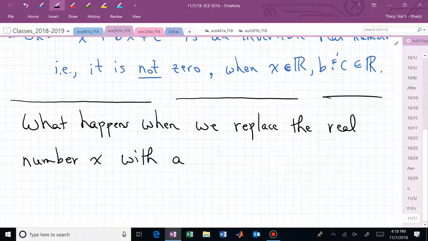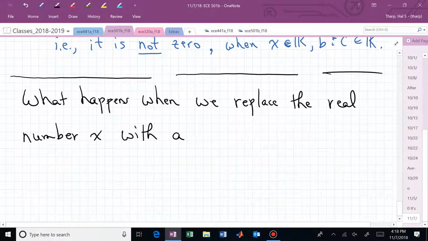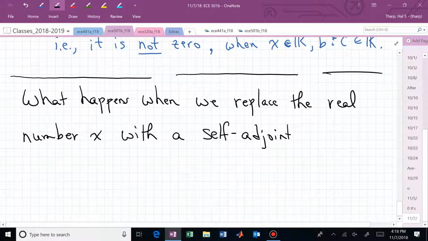Do you remember? If I had a linear map, we said, oh, that's just like a complex number. The adjoint was its conjugate. If we wanted the operator to equal its adjoint, then it was self-adjoint, wasn't it? And we needed that to be real, or that would be a real number. So what happens when we replace the real number x with a self-adjoint operator?